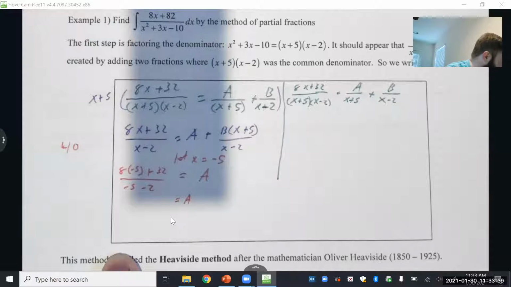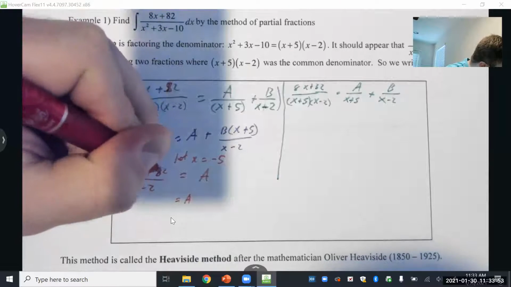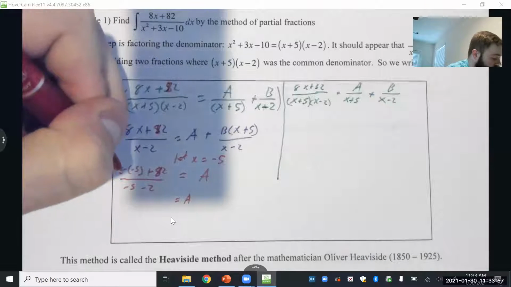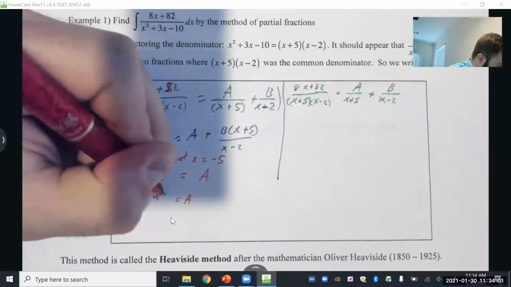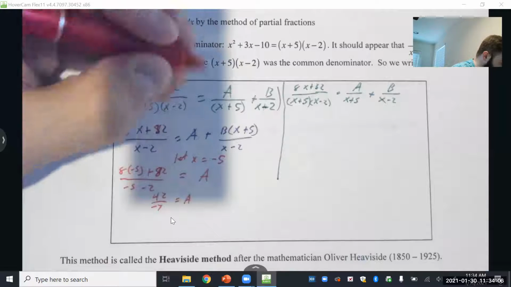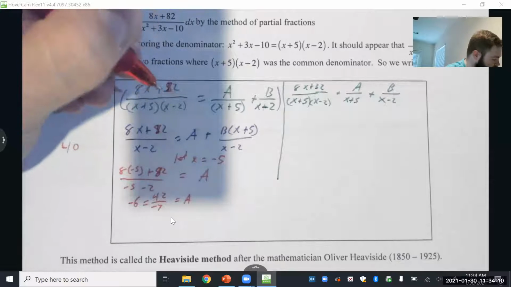It should be 82. Okay. Negative 40 plus 82. That's going to end up being 42 over negative 7, which is negative 6. Okay, so we found the A. That's good.